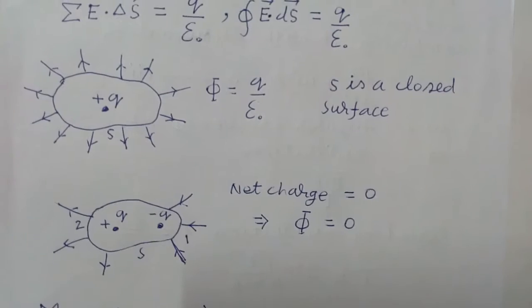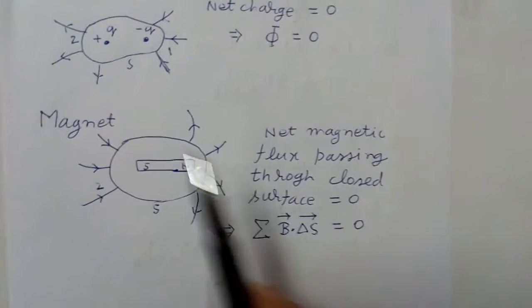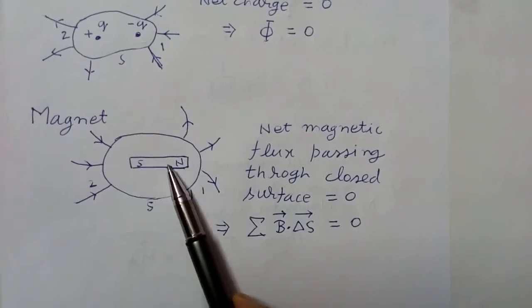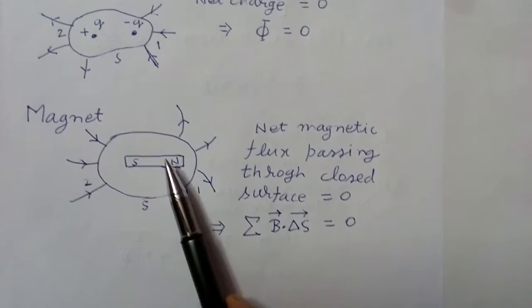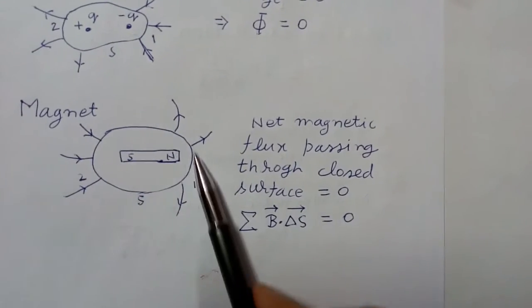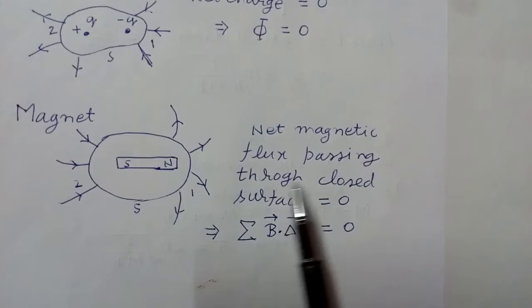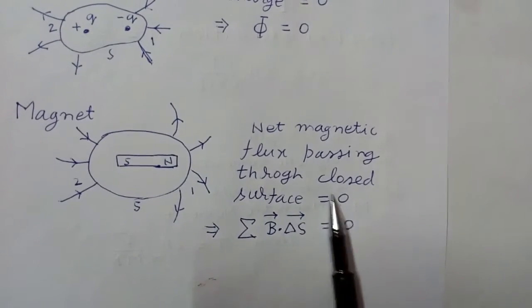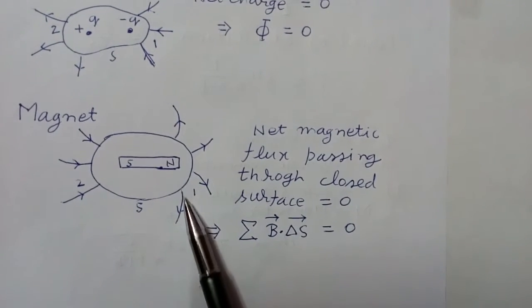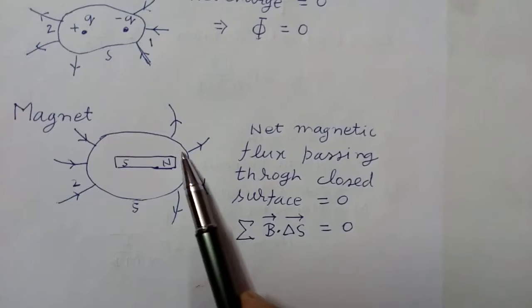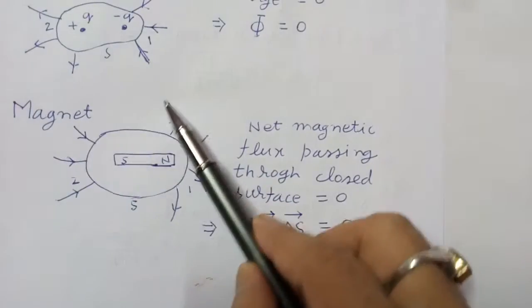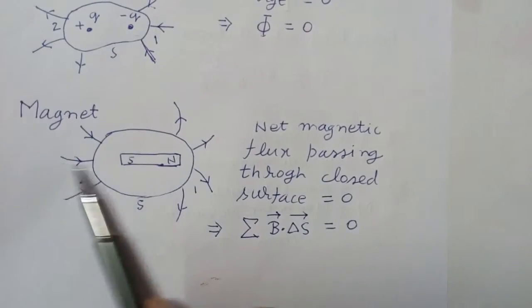Now see the case of a magnet. Suppose this is a small bar magnet and you put it inside a closed surface anyhow. Now net magnetic flux through closed surface is equal to 0. Why? Because at this end magnetic lines are coming out and at this end they are going in.